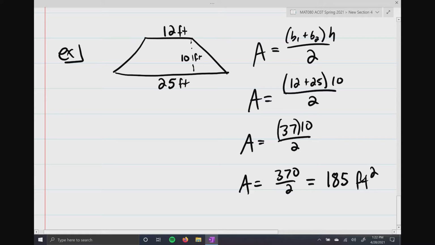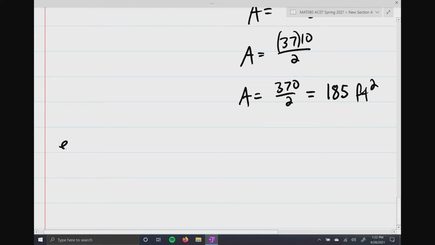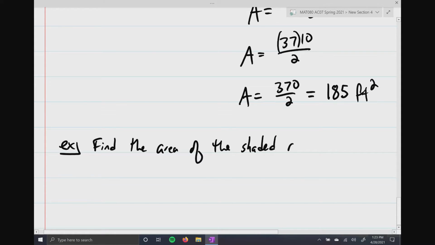How are we looking, everyone? Straightforward? All right, so I think the 3 problems I gave you were pretty easy. Here's the next one. Find the area of the shaded region.